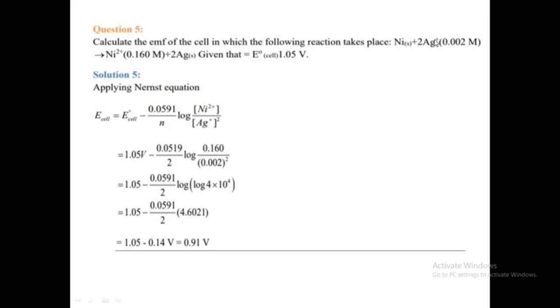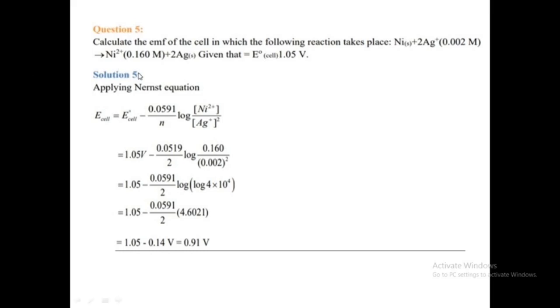In the chemical reaction the concentration is given. Always remember that when the concentration is given and the EMF of the cell has to be determined, then the equation is the Nernst equation. For the above reaction, E cell equals E naught cell minus 0.0591 divided by N log of concentration of product divided by concentration of reactant. The products are Ni2 positive and 2Ag. Since Ag is present in pure solid state, the concentration of silver is always considered as 1.